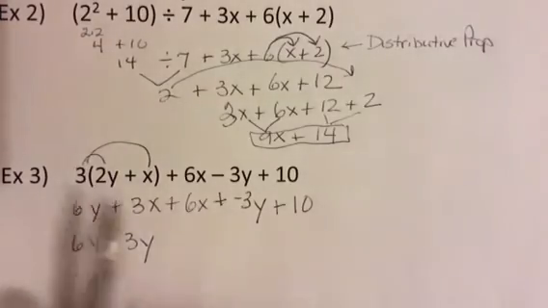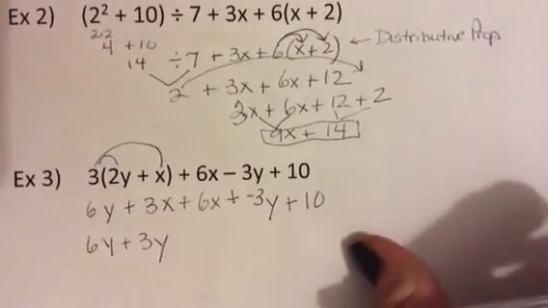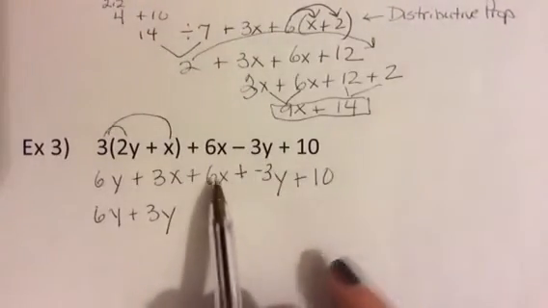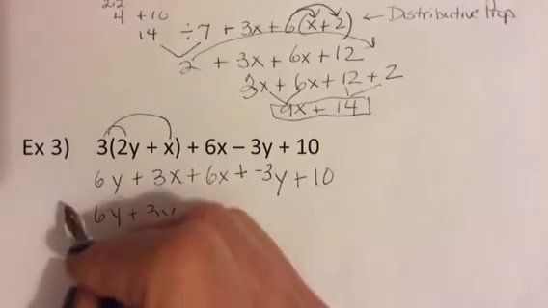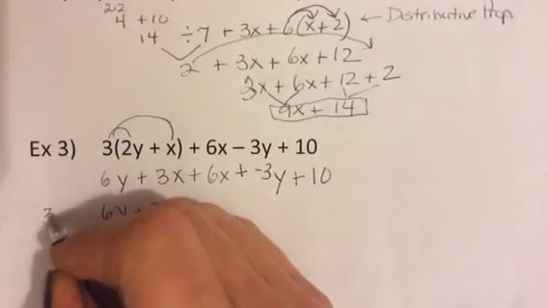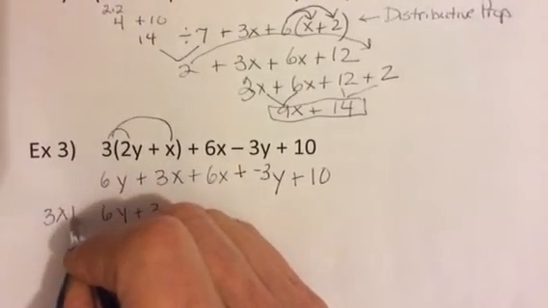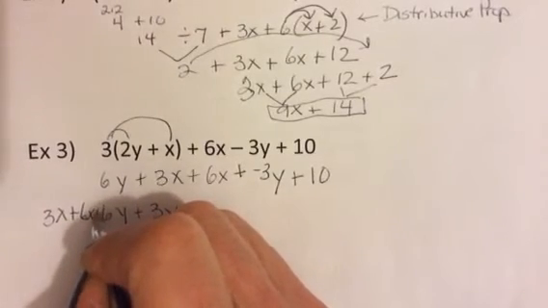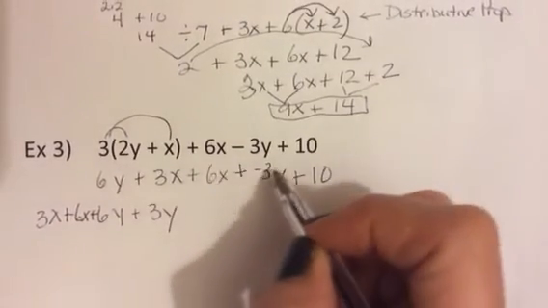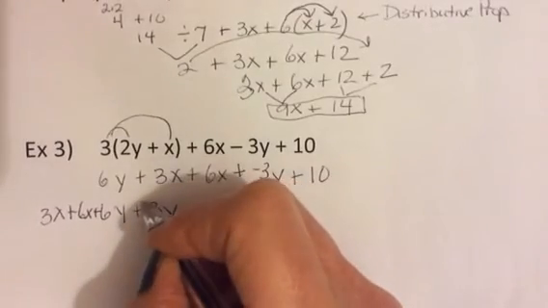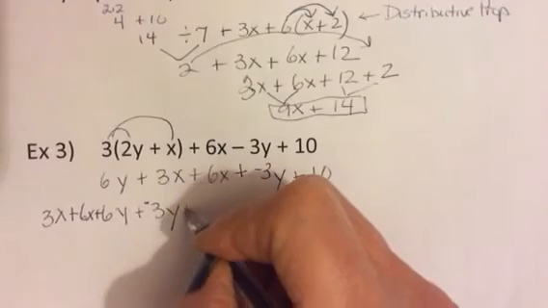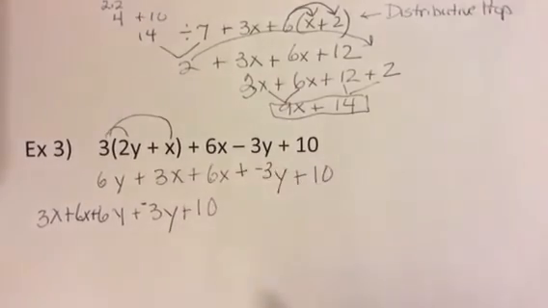I'm going to put those out here because we normally go alphabetical order when we're combining like terms. So 3x plus 6x plus, and then the 6y and the negative 3y, my bad, sorry about that. And then plus 10, there's no other constants.